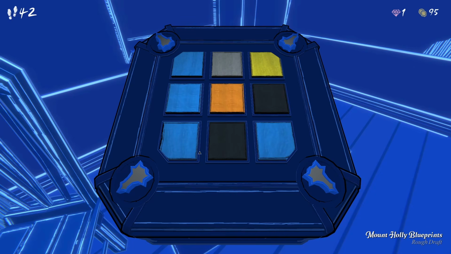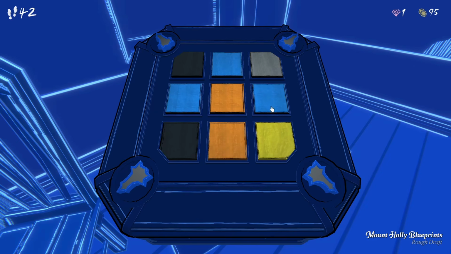Okay, so this bottom is handled. And then I just need to do one more. And get it up somehow. I think I need to do this.